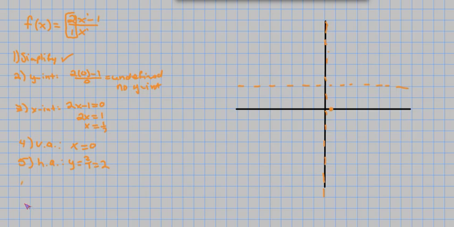Step 6, we do our regions and our test point. So this one, we're going to have one region off to the left, one region off to the right.